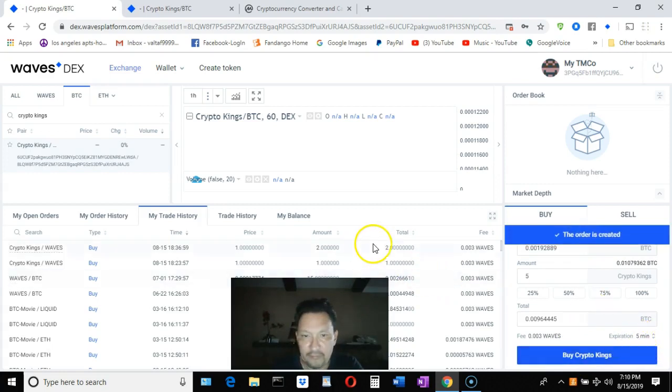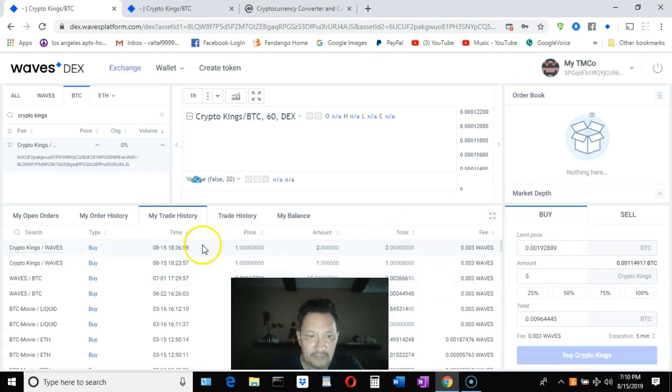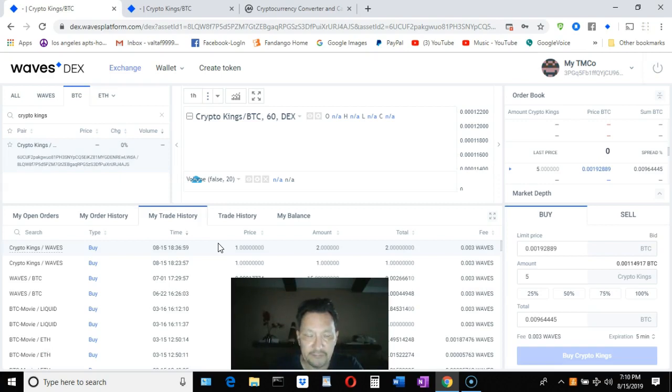Created a 5-minute order. It'll populate here. Let's wait for the flash conversion, for the screen to flash. This is how fast you can move tokens and translate a deal.